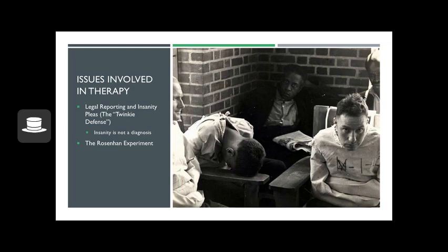The Rosenhan experiment, which some of you might have read about, basically what was done was people pretended to have psychiatric illness, and they were institutionalized, and they did not show any actual psychological illness, but nonetheless, they were institutionalized.